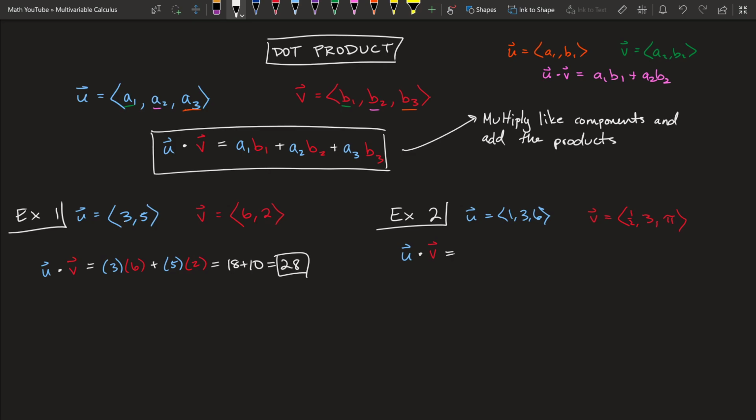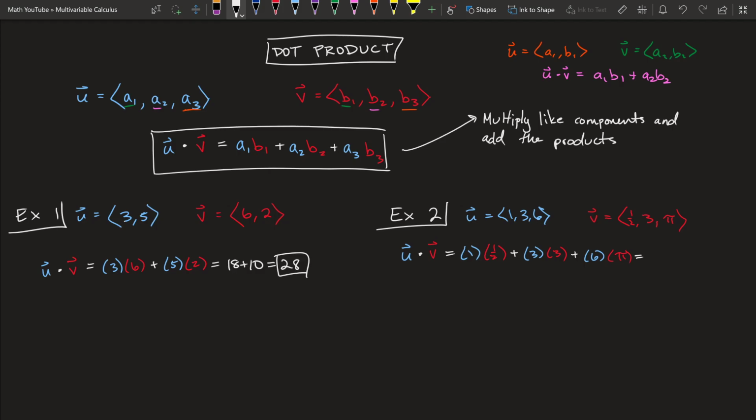But if you can do it ahead of me, then I think you're going to understand the content a lot better. So U dotted with V, what we're going to get is a 1 times a 1/2, the first components multiplied together, plus the second components multiplied together, so 3 times 3, plus the final two components multiplied together, which is 6 times pi.